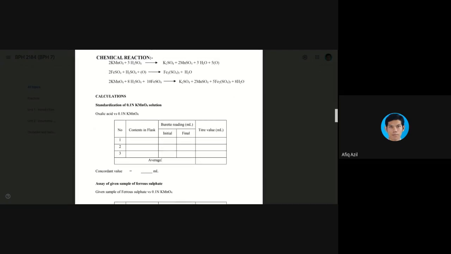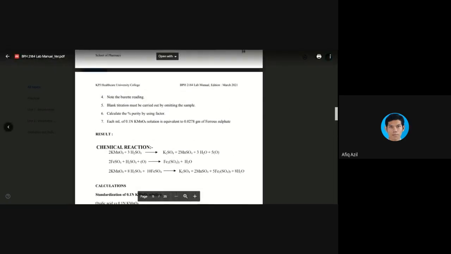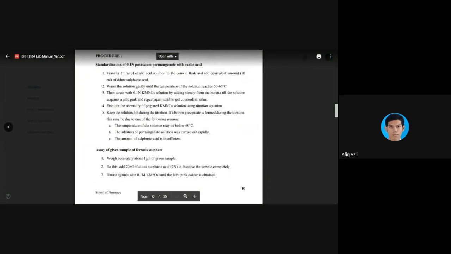So that can be calculated first. Maybe you get 0.1, maybe you get 0.099. So once you have confirmed the concentration of the potassium permanganate solution, then only you can proceed with the assay.